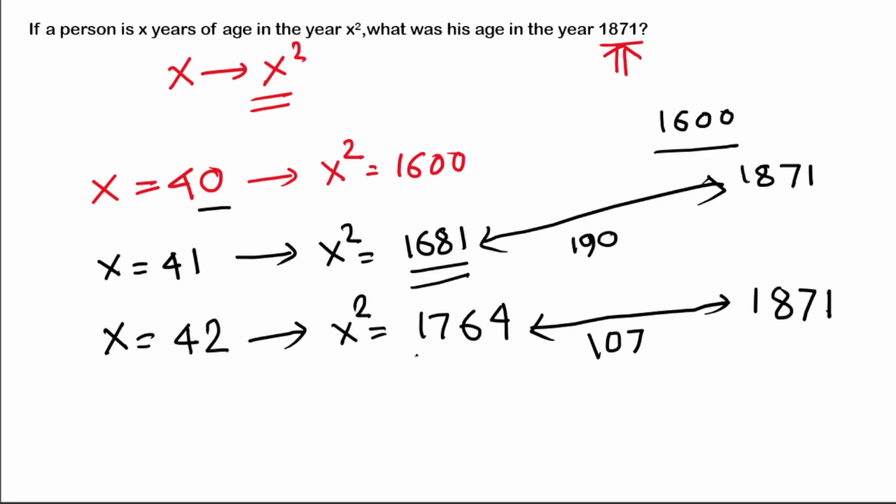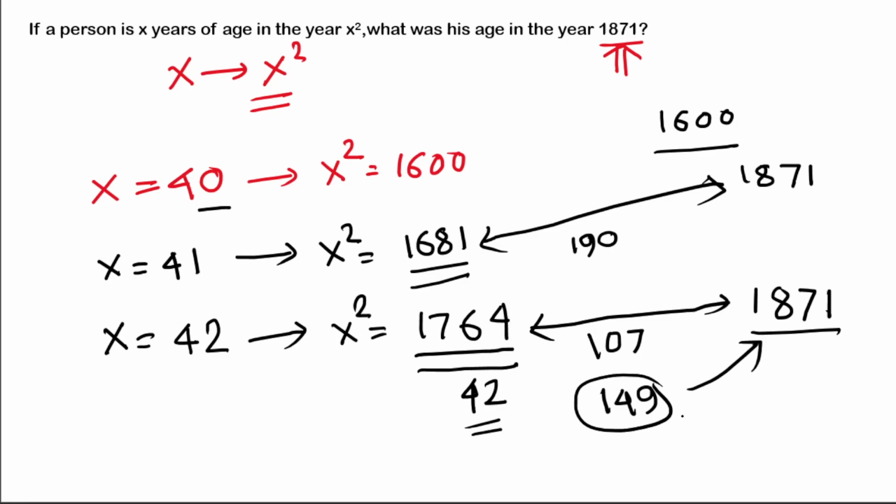The problem is the person is how many years old? This is 42 years old. So in order for the person to be alive in 1871, he or she has to be 149 years old in the year 1871. So that is also, you don't know many people doing that. So let us take x equals 43. Must be a better option.